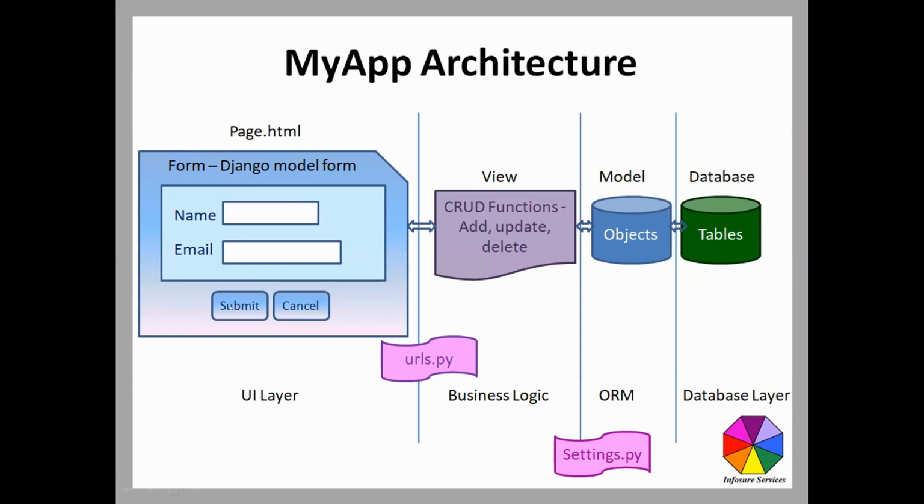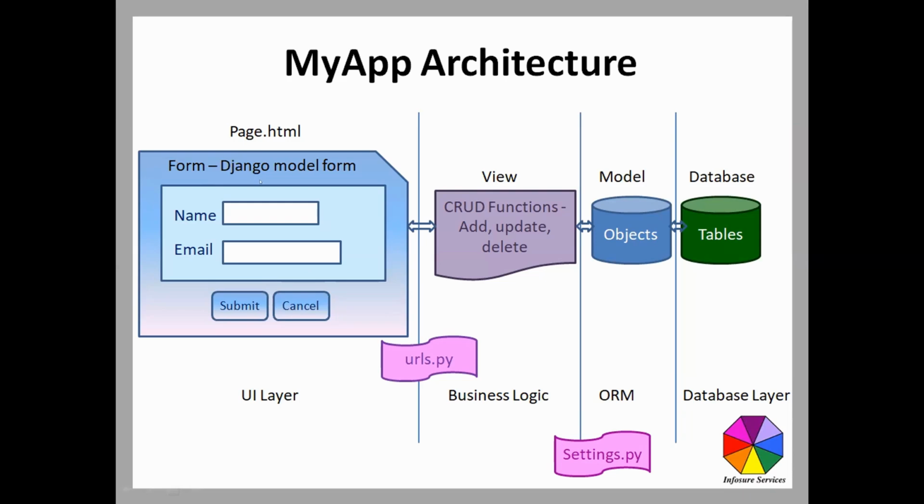You see these buttons here; these are HTML submit buttons. The form could be written in pure HTML, but when you use Django, we create a Django model form for this model, and it easily creates that form. The created form can be embedded inside the HTML form tag.